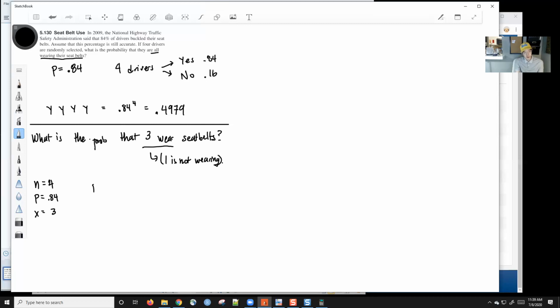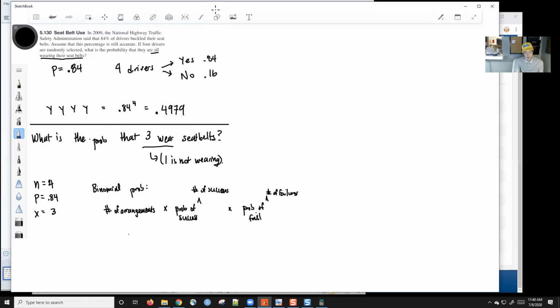Okay, and so the binomial probability, so now we're in chapter 6, the binomial probability would be the number of arrangements times the probability of success raised to the number of successes times the probability of a failure raised to the number of failures.